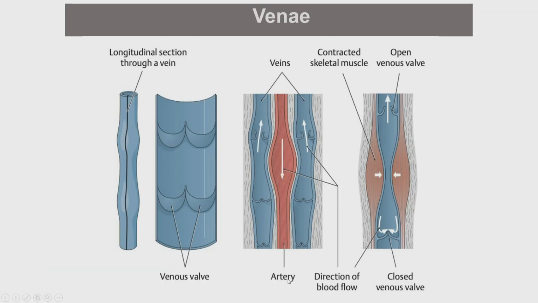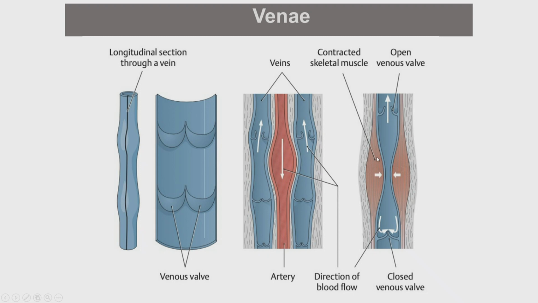Here you can see how the valve mechanism works. Usually it's composed of two cusps, and there are two very important mechanisms that pump the blood inside the vein. One, especially in the lower limbs, is the function of the skeletal muscle.